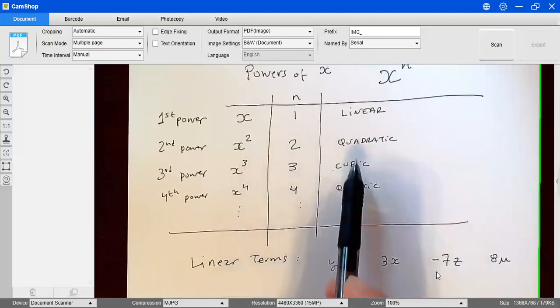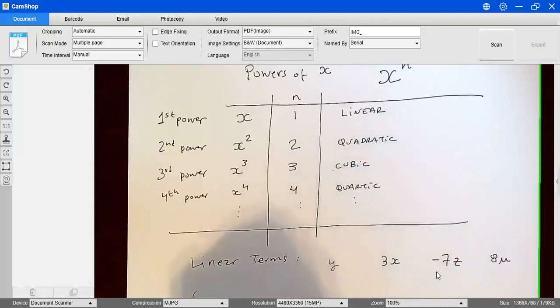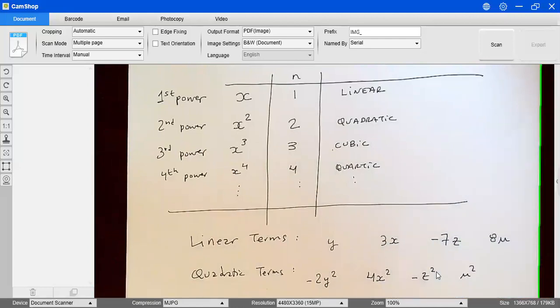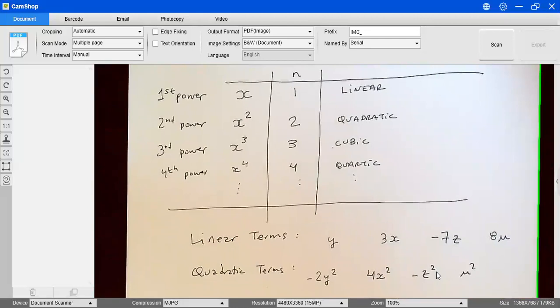If you apply the word quadratic, we can write some quadratic terms. Quadratic terms are, for example, negative 2y squared, that's a quadratic term. 4x squared is another quadratic term. Negative z squared, u squared. Those are quadratic terms in one variable.